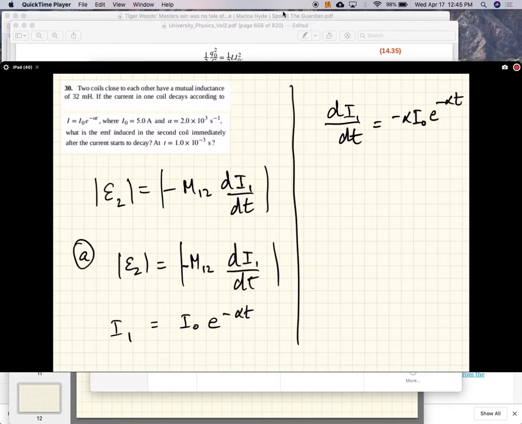So what does alpha stand for? In most formulae you've seen this written like so, tau. So alpha is equal to 1 over the time constant, and so tau is 1 over alpha, and alpha is 2 times 10 to the 3 inverse seconds.